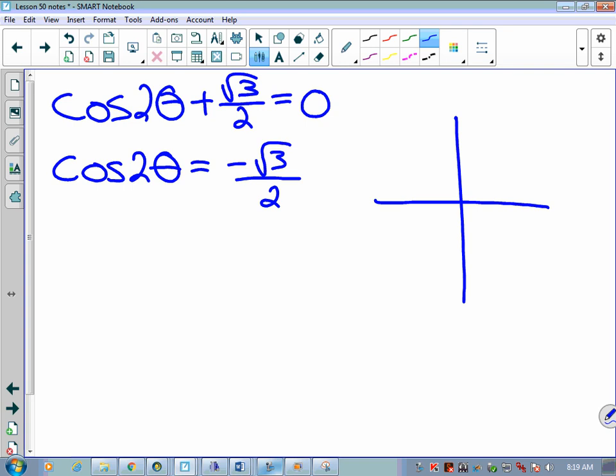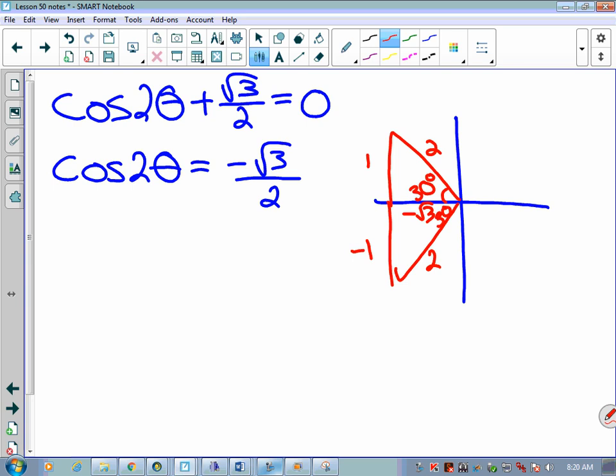We've got two locations where this occurs: in quadrant 2 and in quadrant 3, because I get a negative radical 3 here, a positive 2 here, and a positive 2 here. Which leaves me with a 1 and a negative 1, which tells me, what is my reference angle right there? 30 degrees. And I got 30 degrees here.